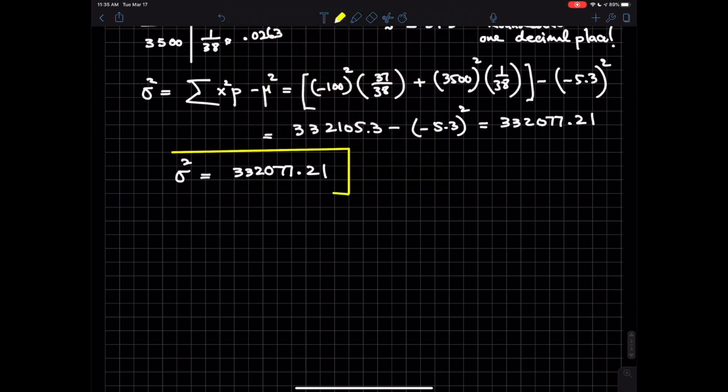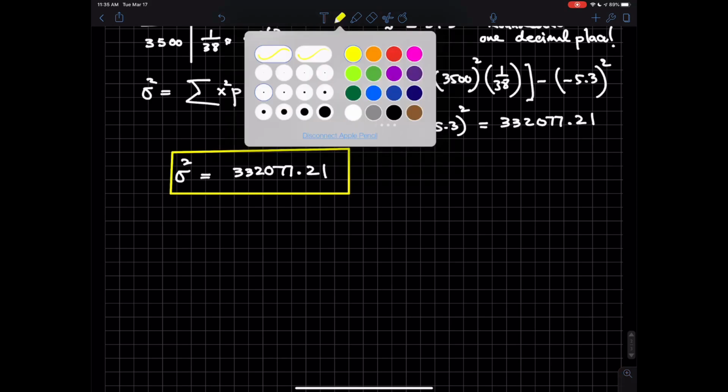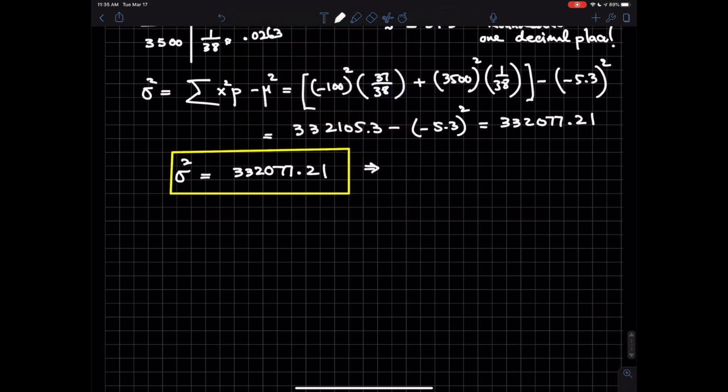Now, at this point, I could very easily calculate my standard deviation, since my standard deviation is basically the square root of the variance. So my standard deviation will be the square root of that value. Let me calculate that, and I'm doing this on a spreadsheet next to me that's open. I'm going to do the square root of 332077.21.